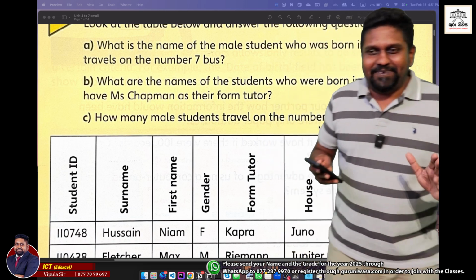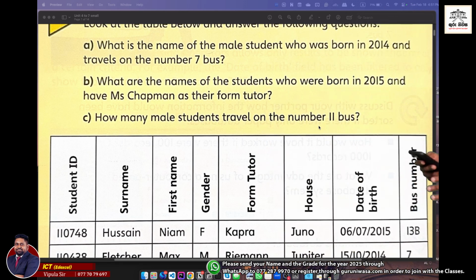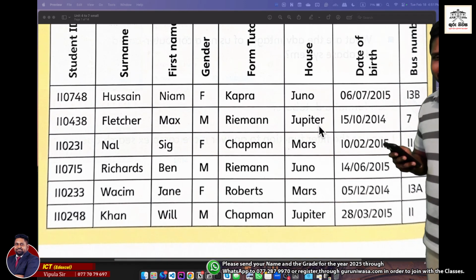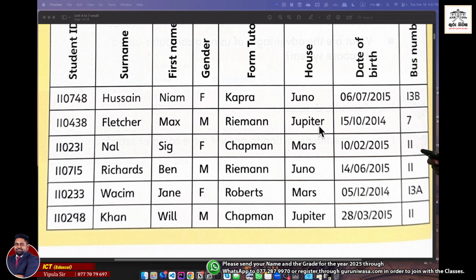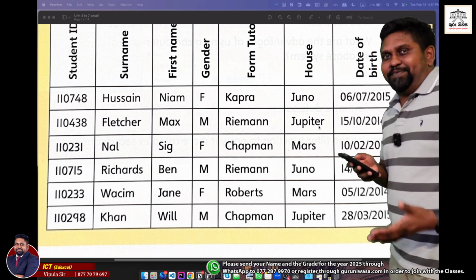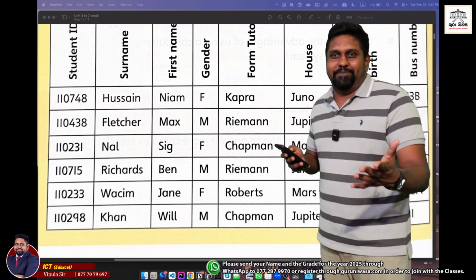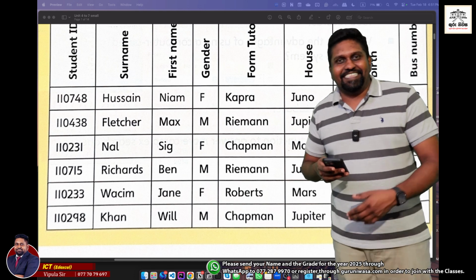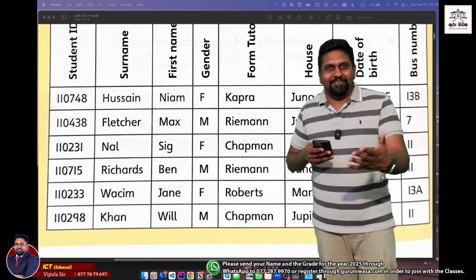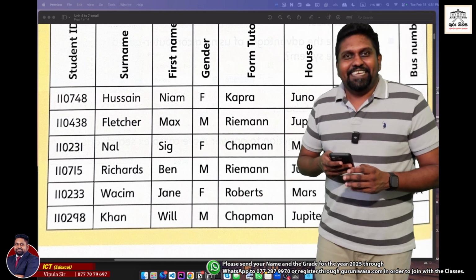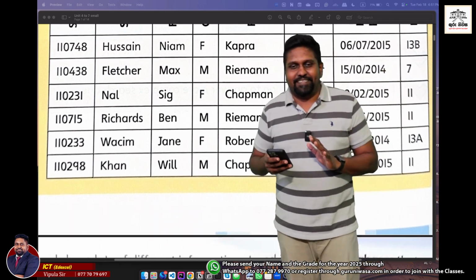I hope it's clear, right? So it is Ben Richards, and again it's Will Khan, since they are the boys who are in bus number 2 or number 11. Perfect. It's clear, right? Let's jump to the next point.